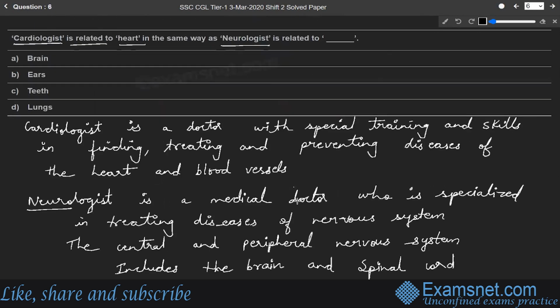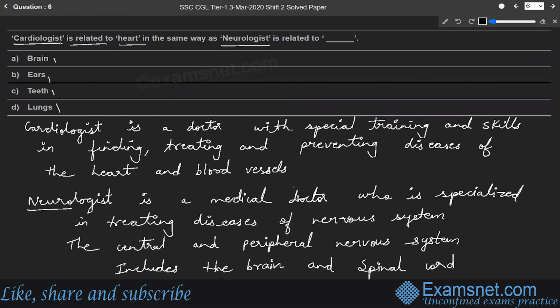Now let us have a look towards the option. Options are brain, ears, teeth and lungs. So according to the definition of neurologist, neurologist is a medical doctor who is specialized in treating the diseases of the nervous system, and nervous system includes two different parts, which is central nervous system and peripheral nervous system.